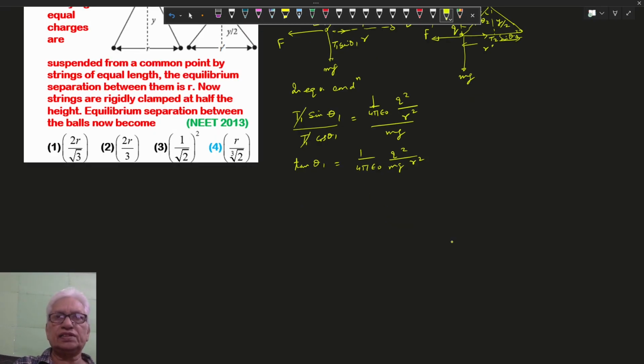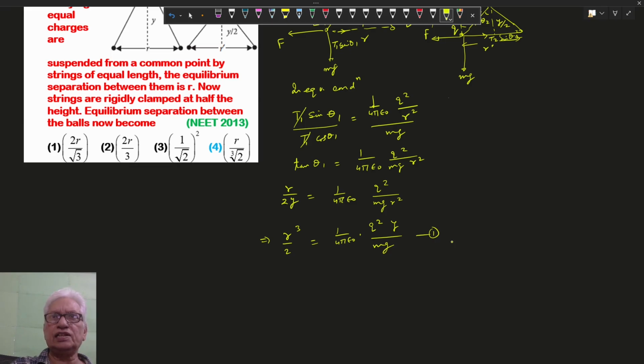Putting the value of tan theta 1 as r by 2y, r by 2y equals 1 upon 4 pi epsilon naught q square upon mg r square. So r cube equals 2 times 1 upon 4 pi epsilon naught q square y upon mg, equation 1.